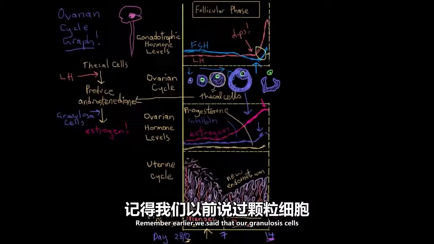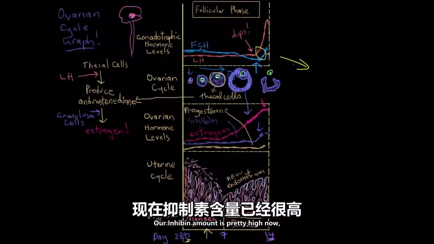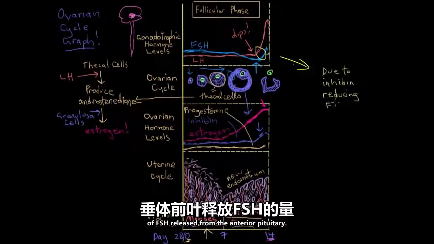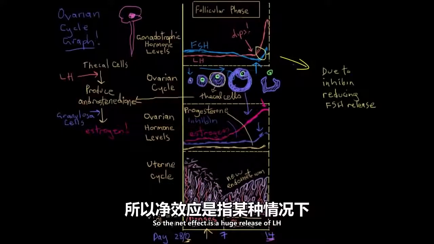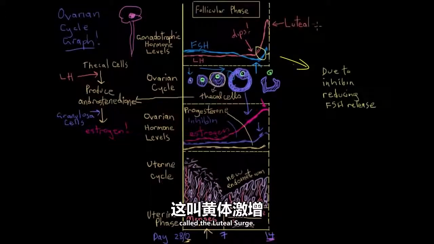Aha! Remember earlier we said that our granulosa cells were releasing inhibin, which reduces FSH release from the anterior pituitary? Well, look here. Our inhibin amount is pretty high now, and that inhibin sort of curtails the amount of FSH released from the anterior pituitary, but it doesn't really affect the LH that gets released. So the net effect is a huge release of LH from the anterior pituitary in an event called the LH surge.